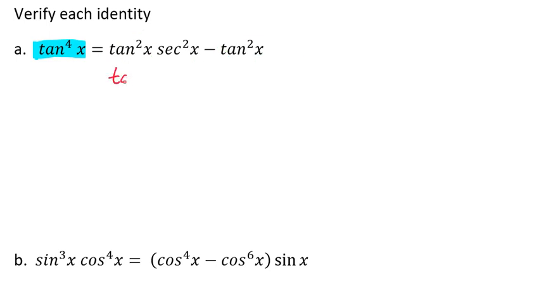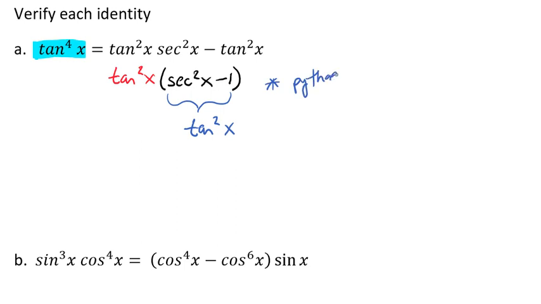So here we're going to take the tangent squared of x out, and that's going to leave us with a secant squared of x minus 1. Notice that from here, this is a tangent squared of x. Now, how do we know that? We know that because it's a Pythagorean identity.